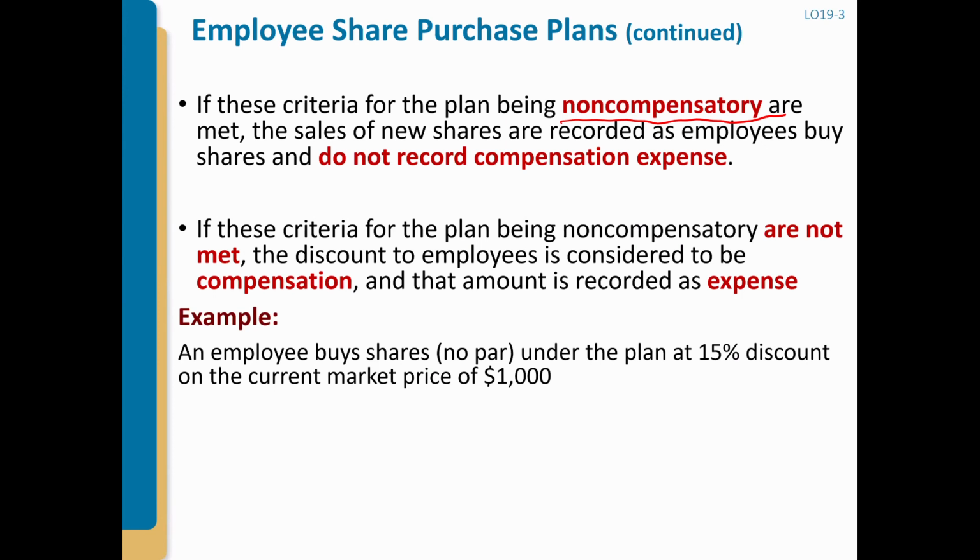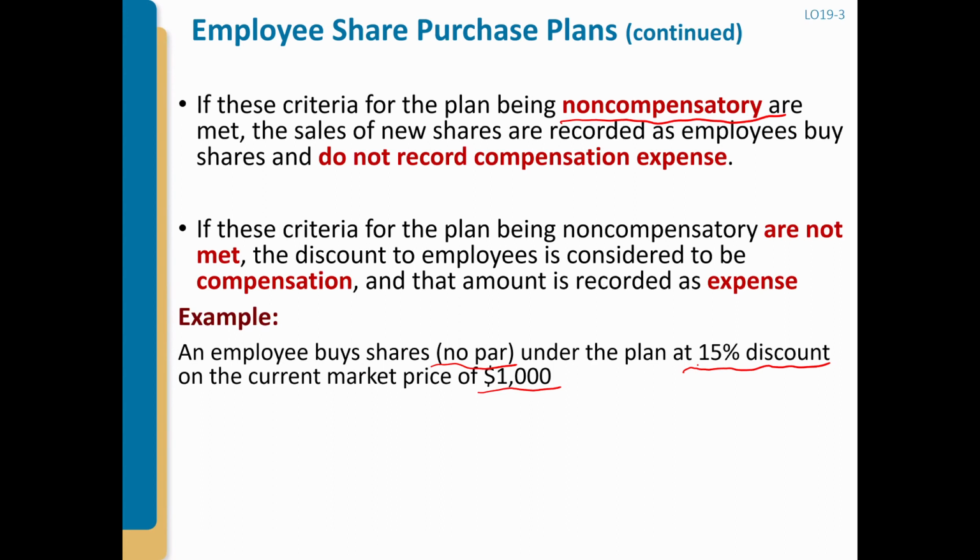Here's an example. An employee buys shares from the company. These are no-par value shares under the plan. The discount is 15%. The share price on the current market is $1,000, but because the employee purchases at a 15% discount, how much do they pay? They only pay $850.